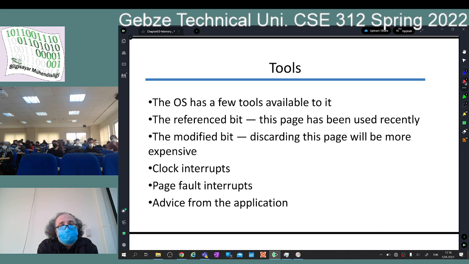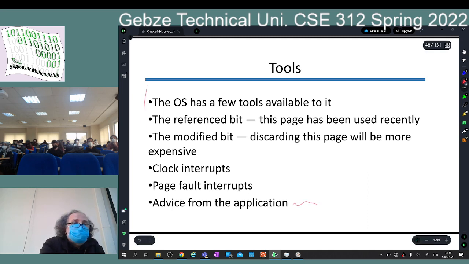Well, maybe we should take this advice in a careful way as an operating system, because sometimes people have bad intentions, sometimes they do it unintentionally. So we need to be careful about this one. For the rest of it, there are tools.